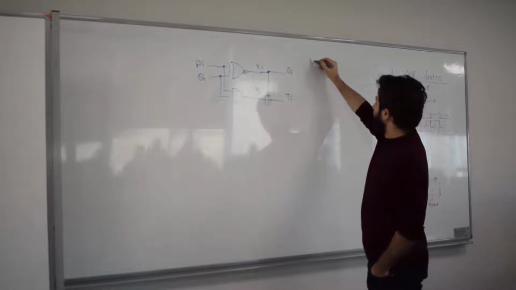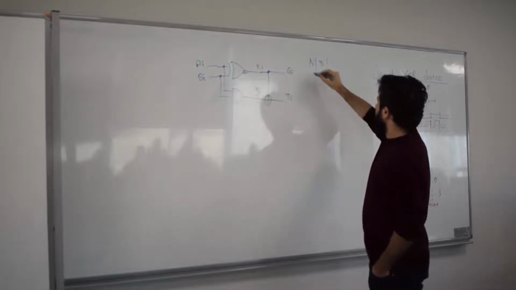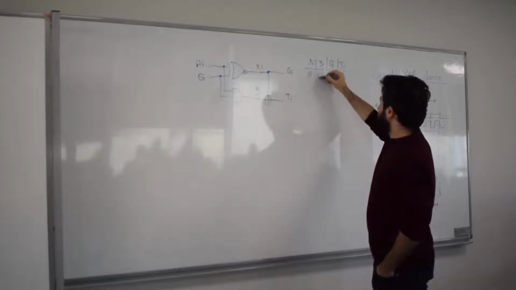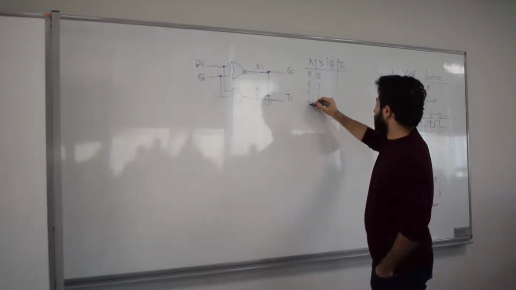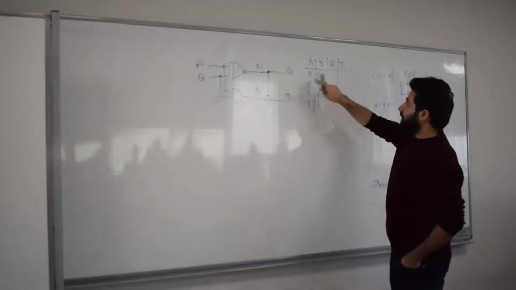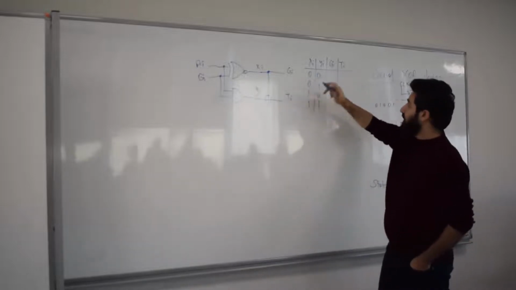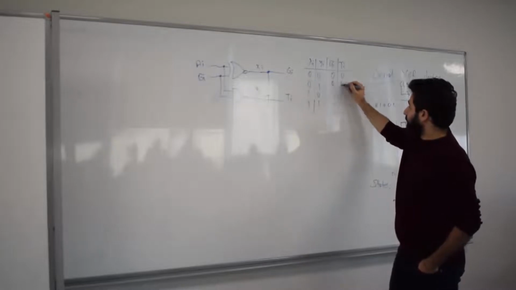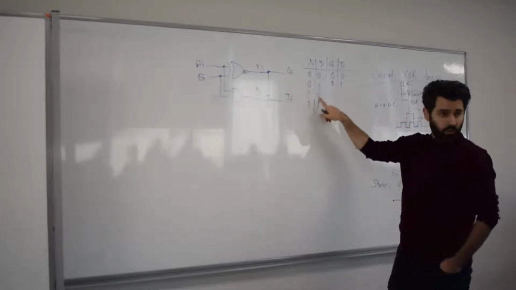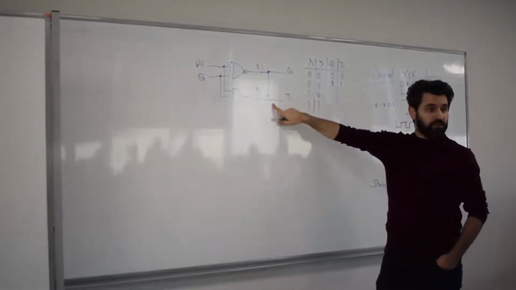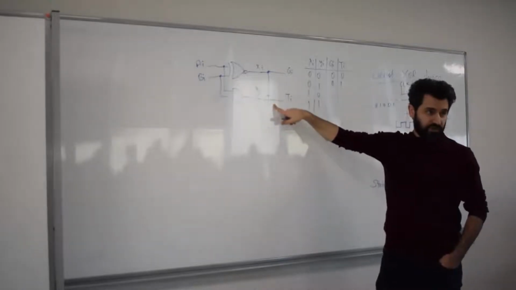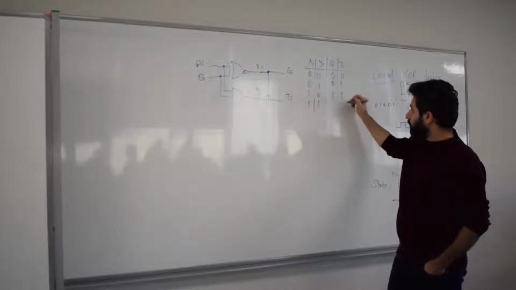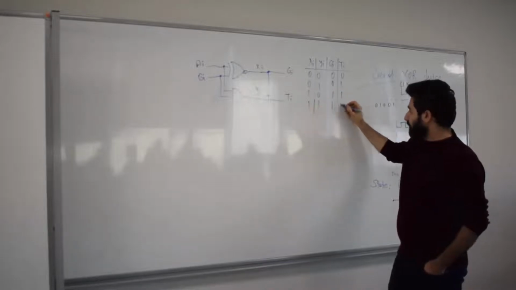So there's XI, YI, and GI, TI: 0 0, 0 1, 1 0, 1 1. And what are the GI and TI? If XI is 0, it's just a copy of the input, but if XI is 1, then it toggles that, because it's an XOR gate. It's a controlled XOR, actually. So what that means is that 1 0 now maps to 1 1, and 1 1 maps to 1 0.